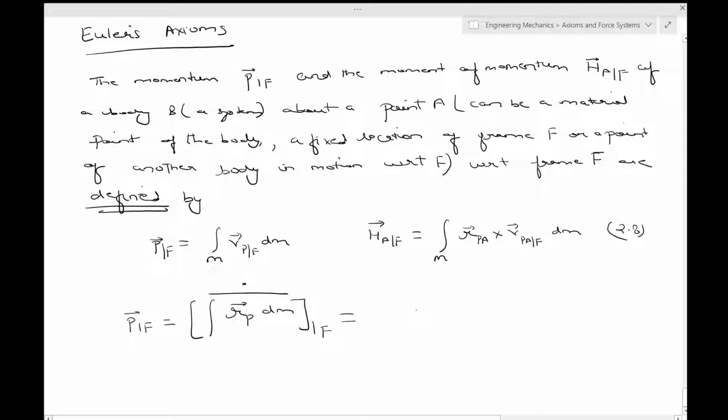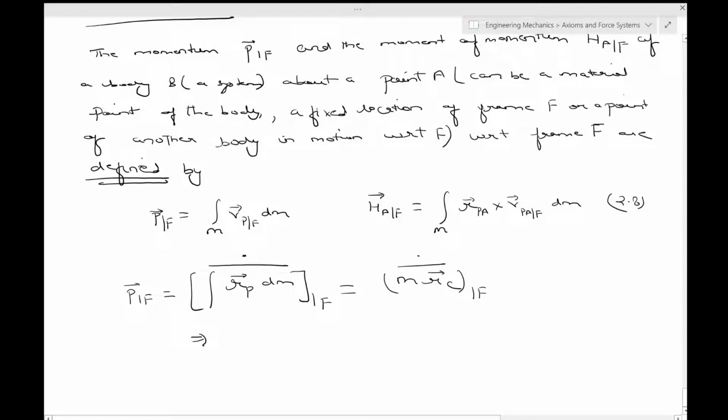This also becomes M R_C based on the definition we have just learned before. We have learned what the integral of R_P dm is, so it can be written as M R_C. The center of mass position is already written as R_C.